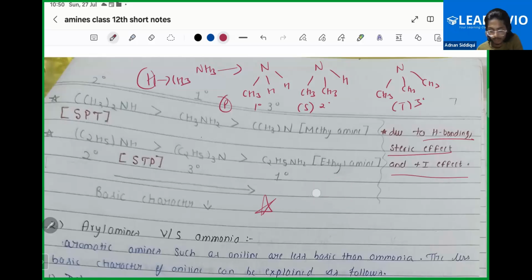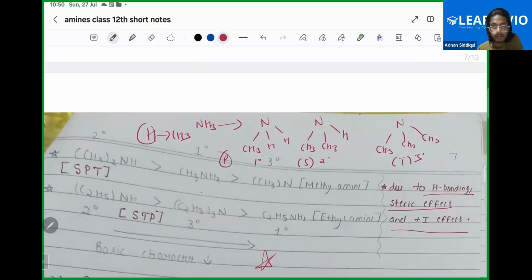Is it clear? In the second one, rather than methyl, you are observing ethyl, ethyl, ethyl, and ethyl.